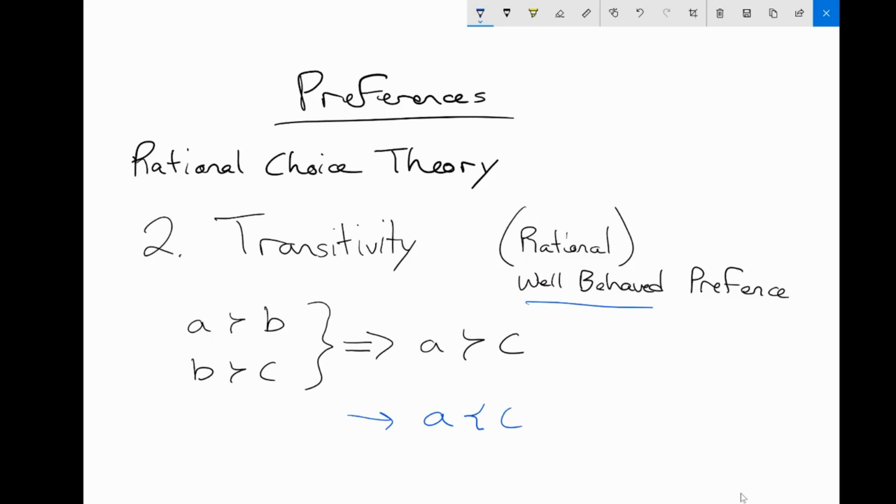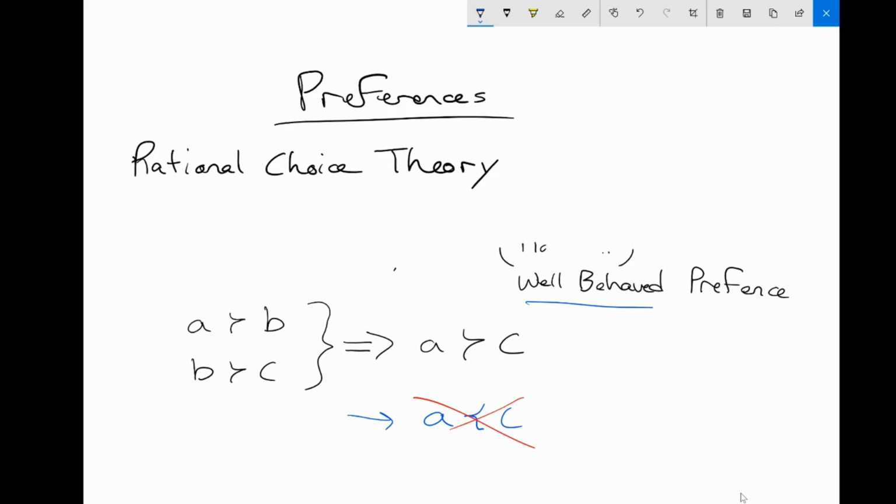If I said this, that would be irrational and violating rational choice theory. So we're saying that preferences are well behaved. I'll show you more on that later. With that, let's move on to the last axiom. Let's just erase this, just like a whiteboard.